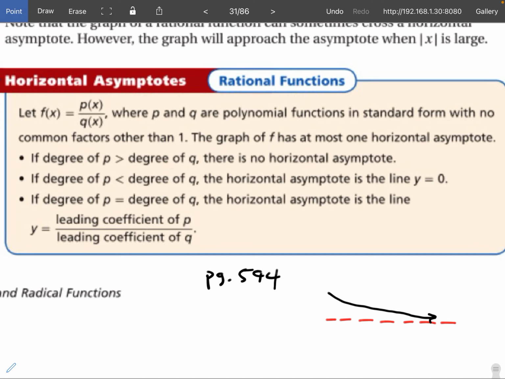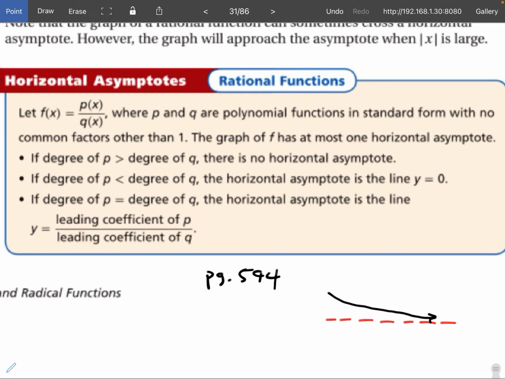So if the degree of the numerator is greater than the degree of the denominator, then there is no horizontal asymptote. Okay? And if the degree of the numerator is less than the degree of the denominator, then the horizontal asymptote is the line y equals 0. Well, that's a horizontal line at y equals 0, so that's the same thing as the x-axis.